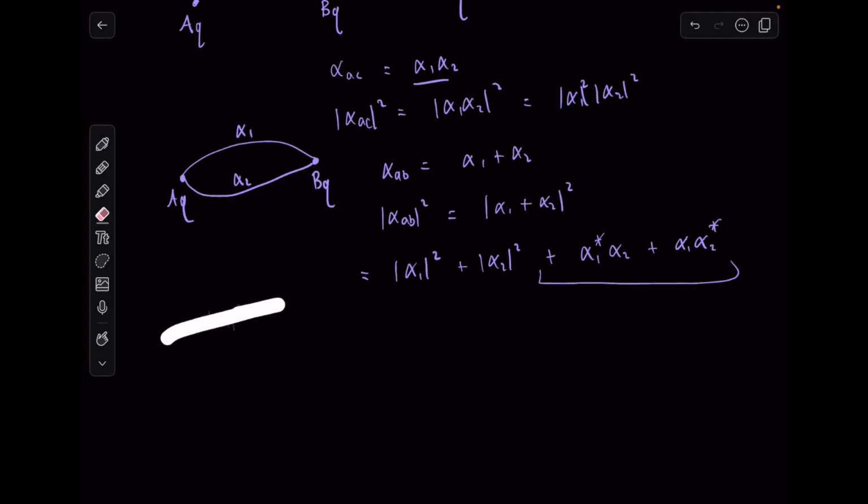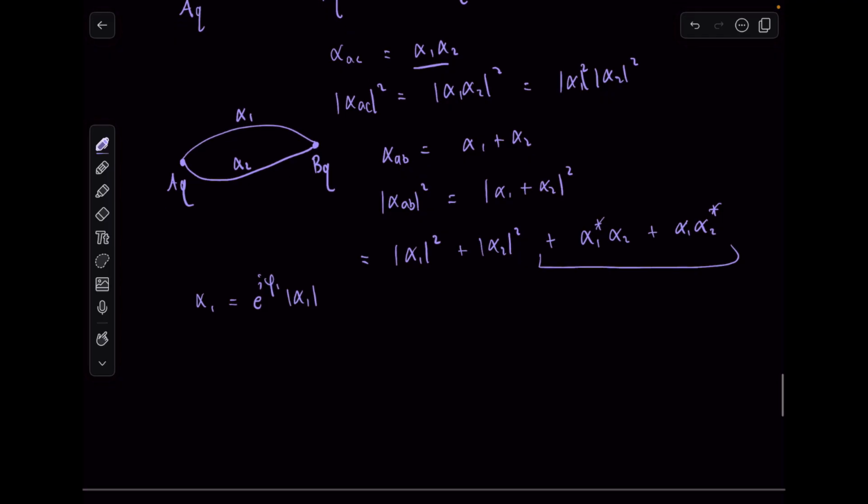So actually, in the last video, I mentioned that any complex number, including these alphas, like alpha 1, can be rewritten as the magnitude of alpha 1 times some phase factor, and I'll give it an angle phi 1, right? And then alpha 1, the complex conjugate of this, will just be e to the negative i phi 1 times the magnitude of alpha 1.